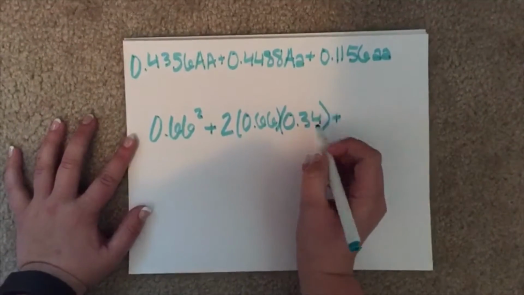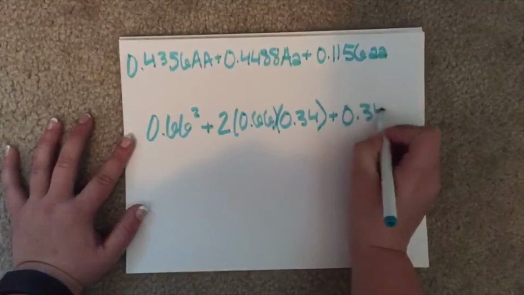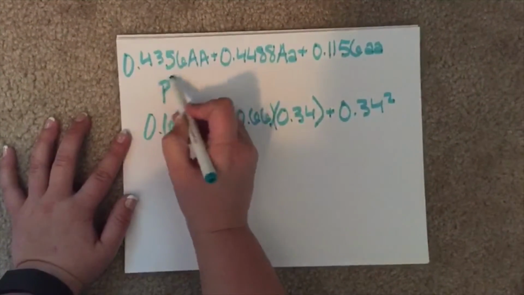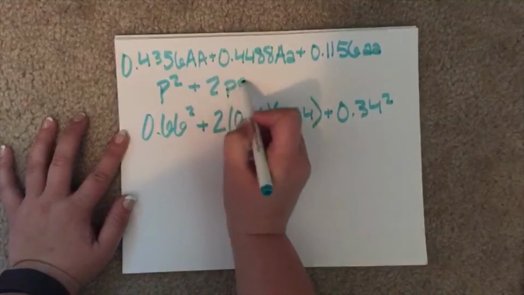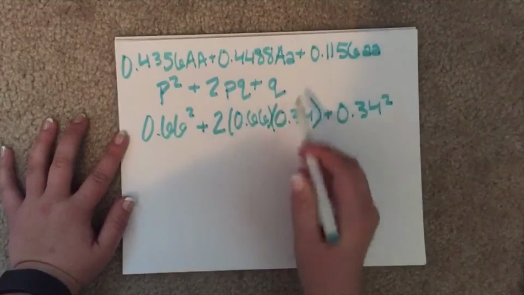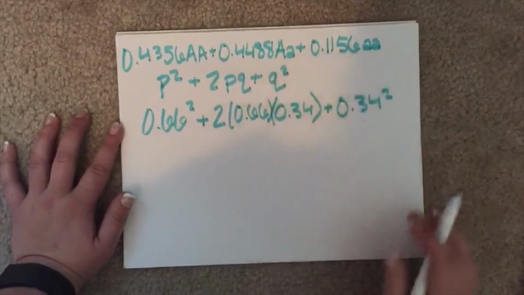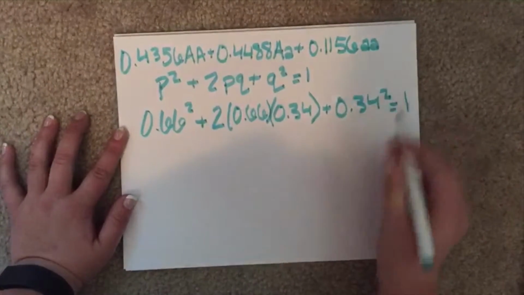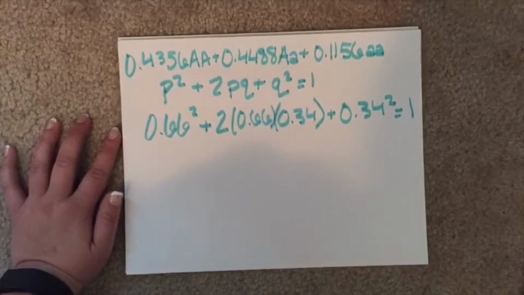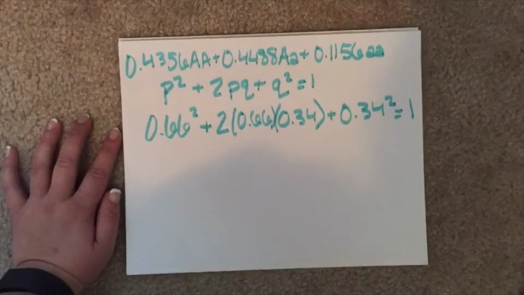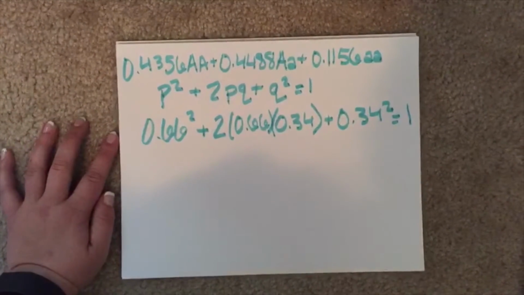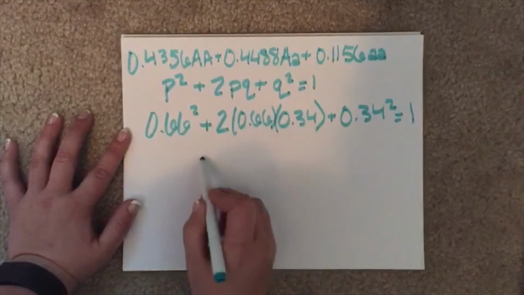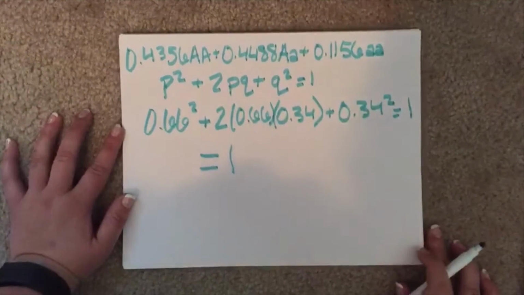Then you add this to q squared, which is 0.34 squared. This is simply using the equation p squared plus 2pq plus q squared. So to check this, this will equal 1. You should then solve for the equation, and if it equals 1, then you correctly solved for your genotypic frequency. And in this case, our genotypic frequency, all added in the equation, equals 1. So we completed the problem correctly.